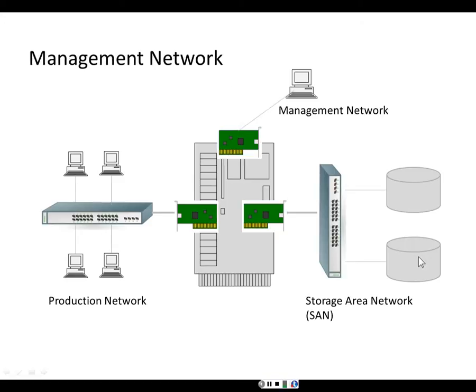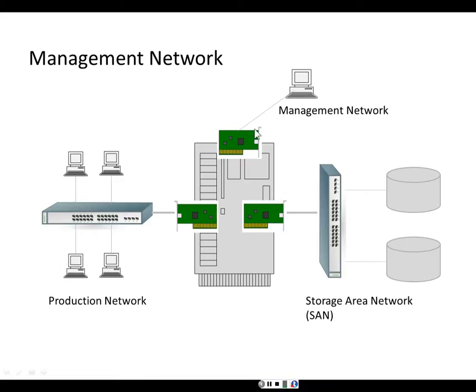The third type of network is the management network, and this is where we have a separate network, a separate segment just for you and me, the network infrastructure engineers. And this connects our vCenter server and our vCenter client to the ESXi host. And you might say, an entire network just for the management?